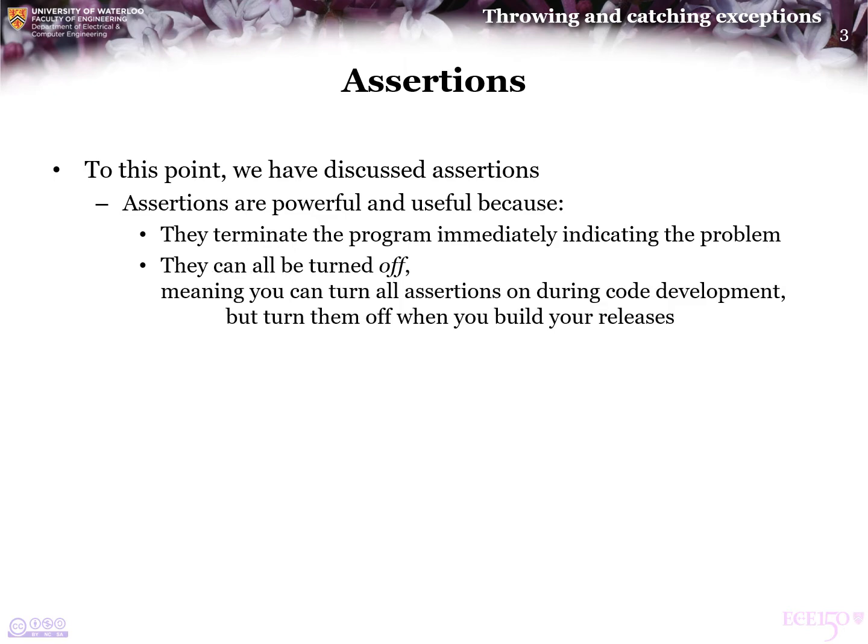Now, one other interesting point is that assertions can be turned off, meaning that you can keep all assertions turned on during code development, so that if during code development an error is made in programming, you immediately know about it. However, you can turn all of the assertions off when you build your releases that will then be delivered either to your client or your customers.